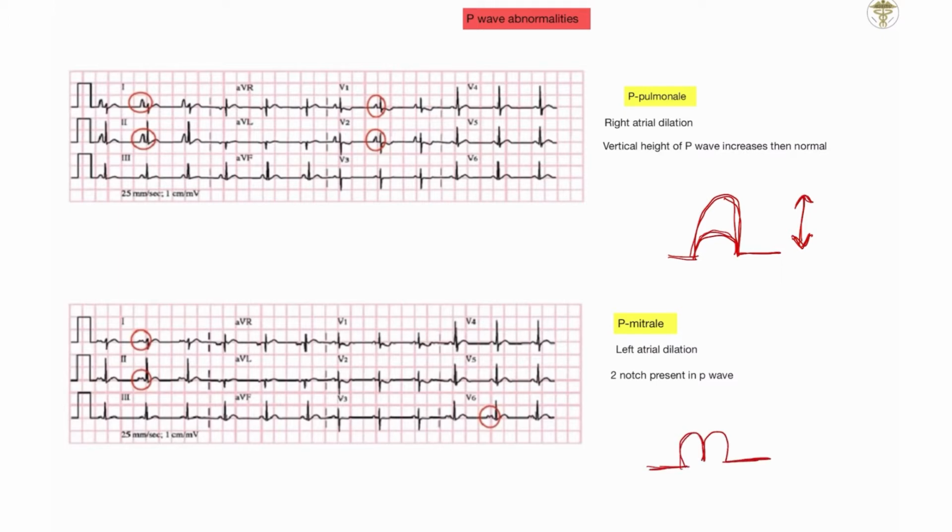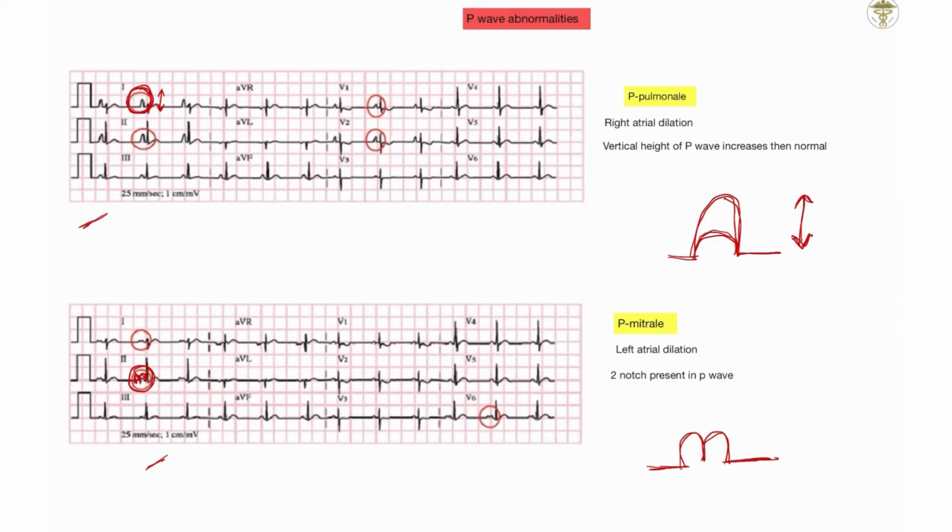I will explain in the ECG. Here you will see the vertical height of the P wave increases, but in these cases you will see two notches form in the P wave. So this is the P mitrale condition and this is the P pulmonale condition.